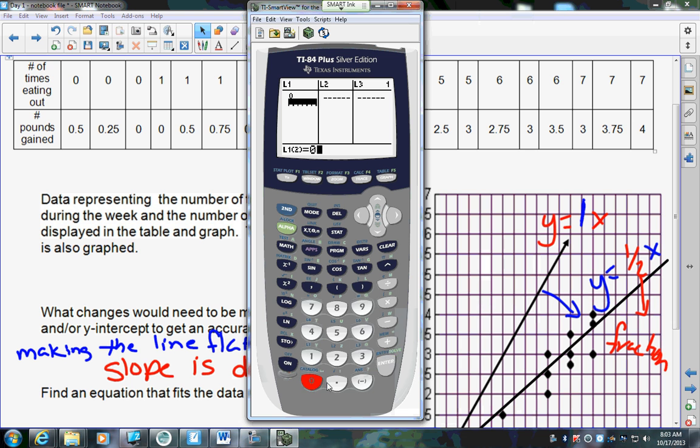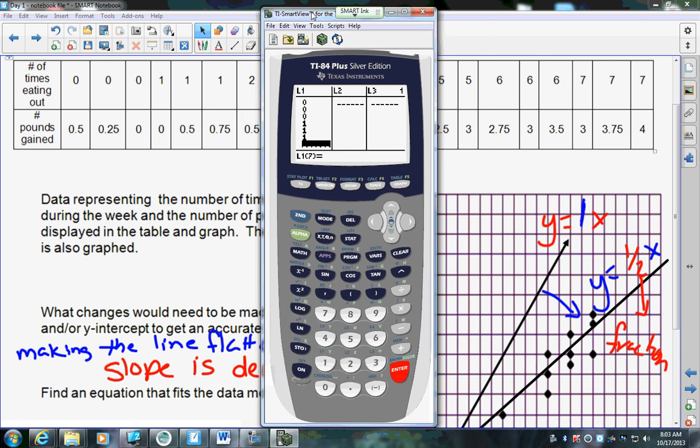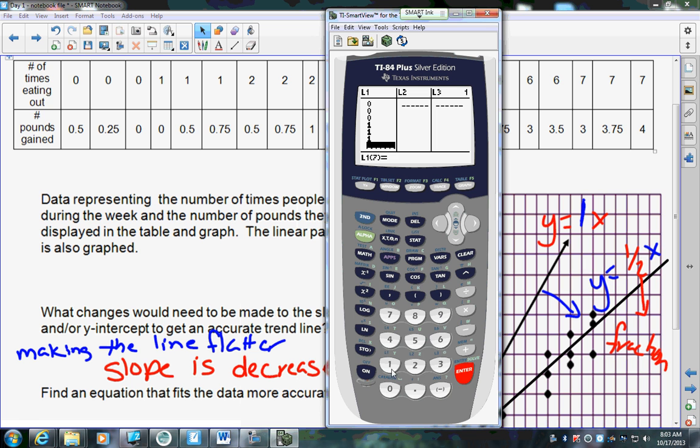0, 0, 0, 1, 1, 1. Move my calculator over a little bit. I've got 3 2s. Let's see. 2, 2, and 2.